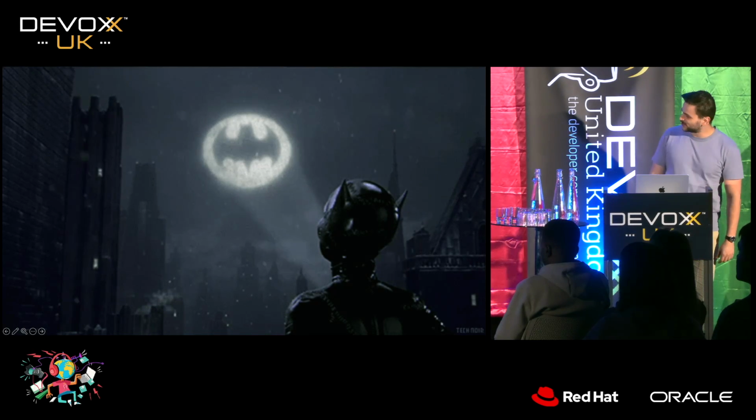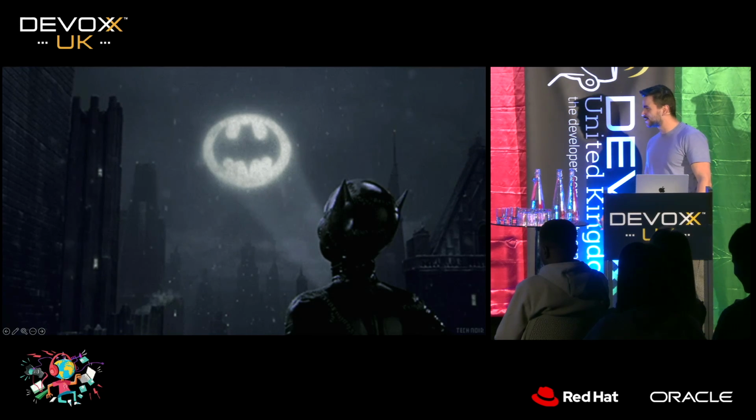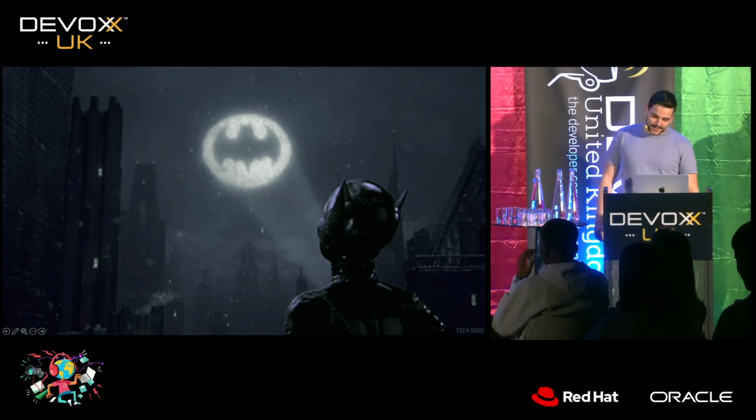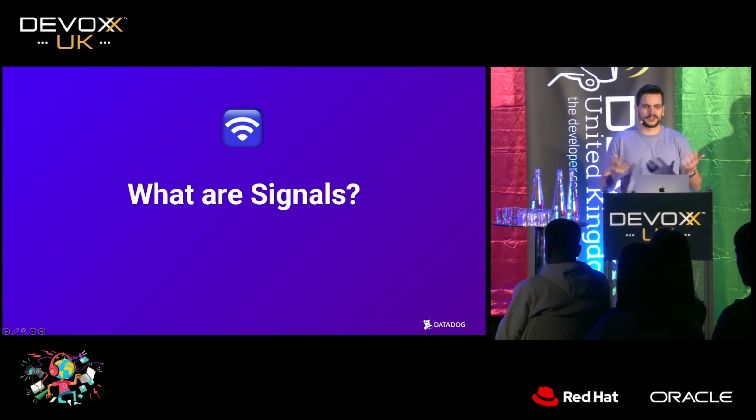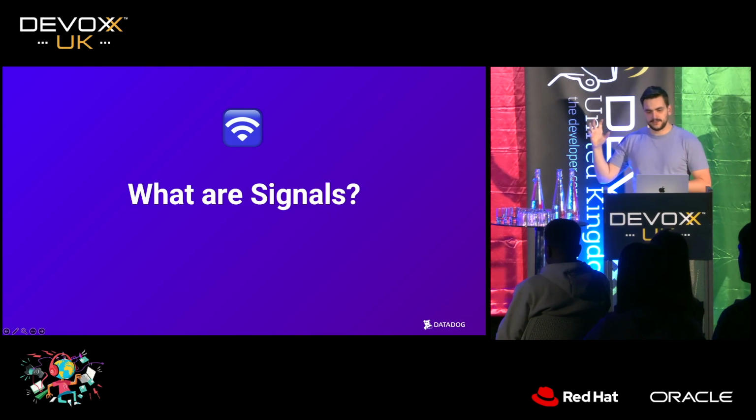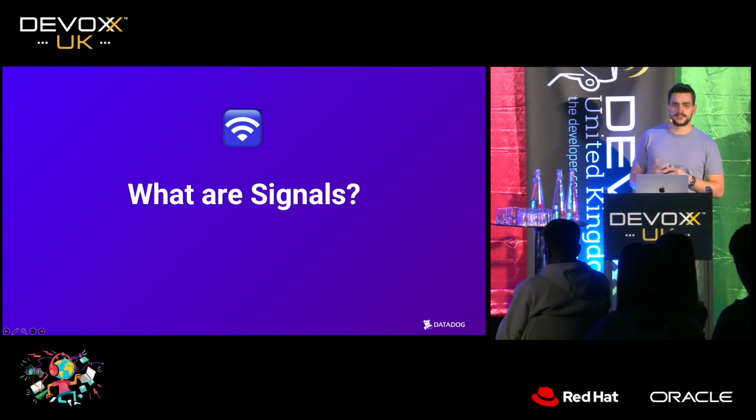And so signals appear. To try to explain what a signal is, it's simple and efficient. Basically, it's a piece of state that can be read and updated.